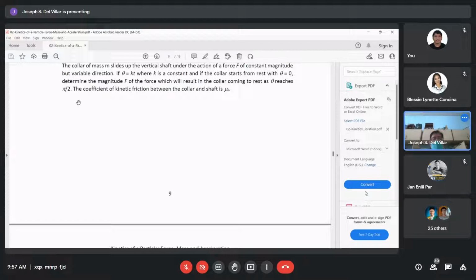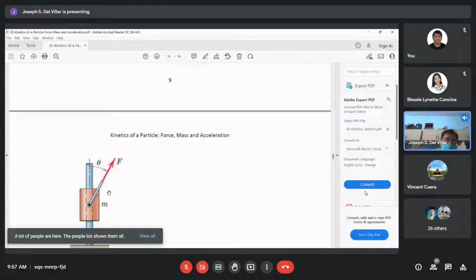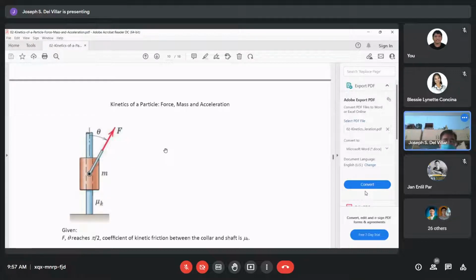So the collar comes to rest as the angle increases to 90 degrees. The collar rises, and eventually it stops when this force makes an angle of 90 degrees with the shaft. That means the force is already horizontal.